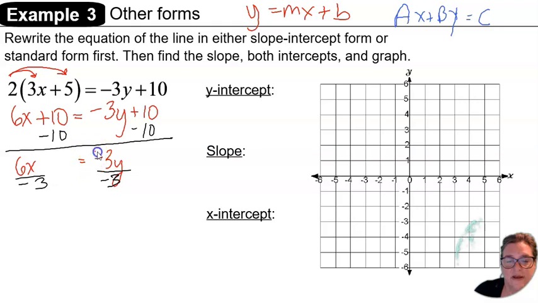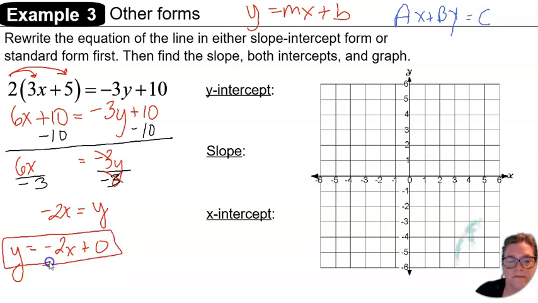So negative 3 cancels with the negative 3 in the numerator and denominator, and the y is now by itself. On the left side, 6 divided by negative 3 is a negative 2. And now y is by itself. So y is equal to negative 2x plus 0 in slope-intercept form.